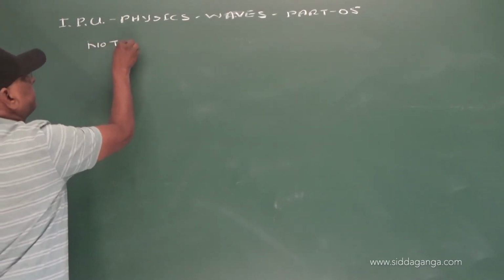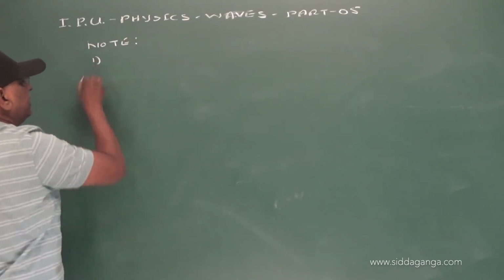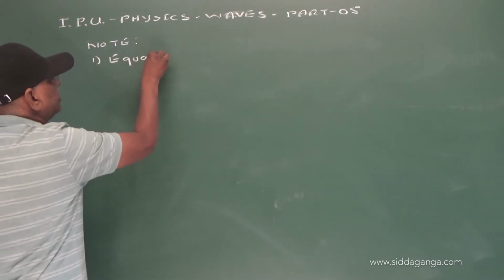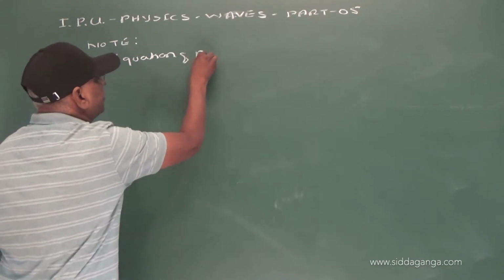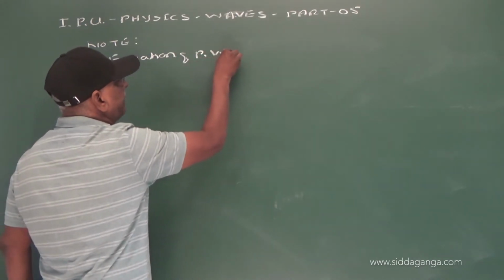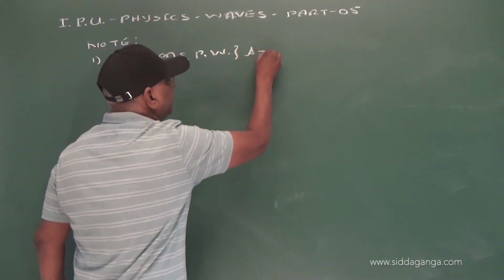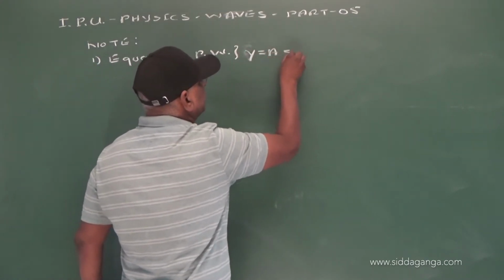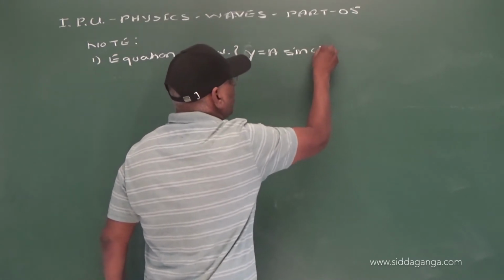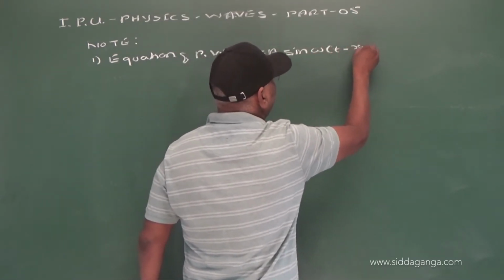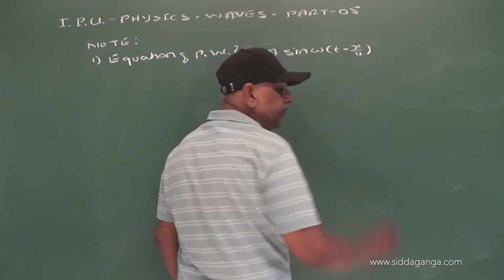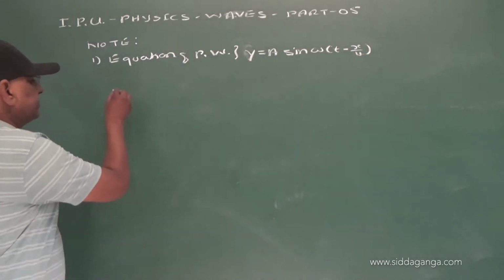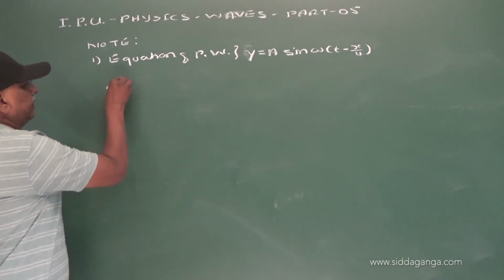Now note point number 1. We have the equation of progressive wave: y is equal to A sin omega into (t minus x by v).